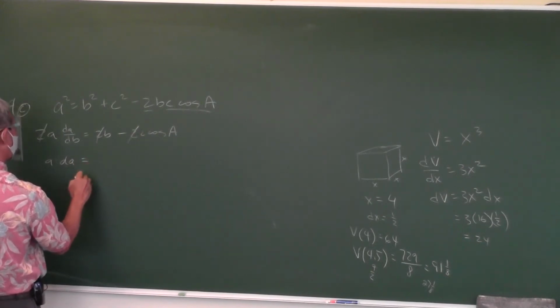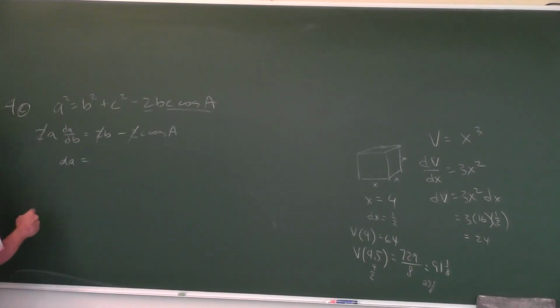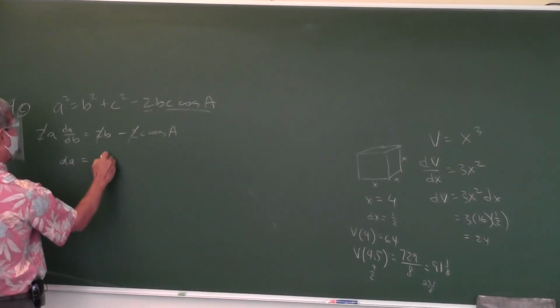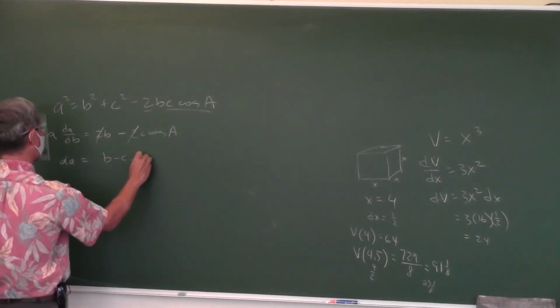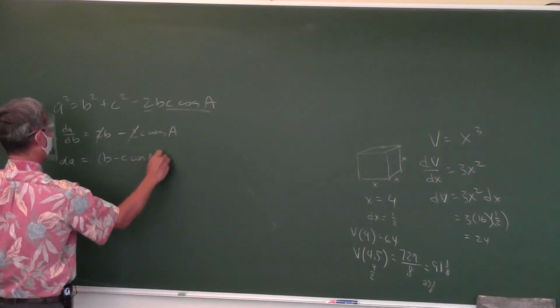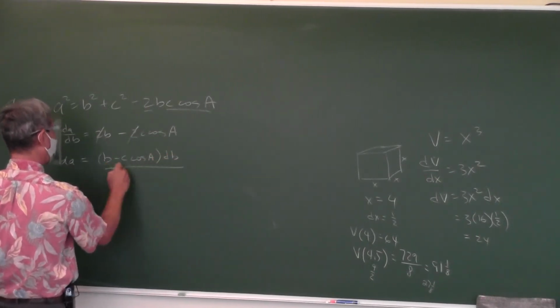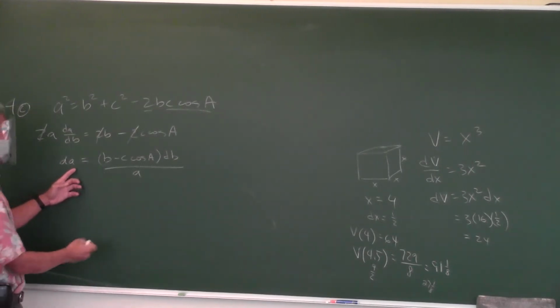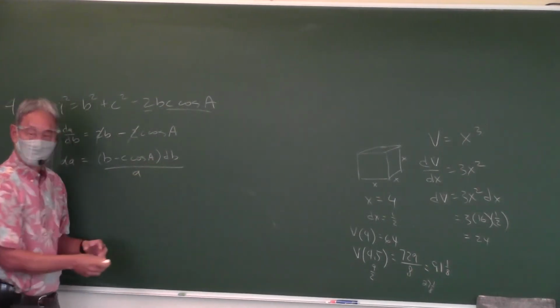Let's solve for dA. How do you solve for dA? Come on. B minus C cosine A, dB over A. So the approximate change in A is equal to this times dB.